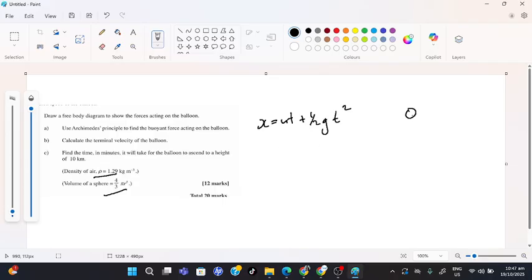When it just starts moving vertically, I'm going to give its initial velocity as 0. It's going to have some inertia, but I'm going to give this portion 0. I'm going to use 10, so it's going to be 10,000.